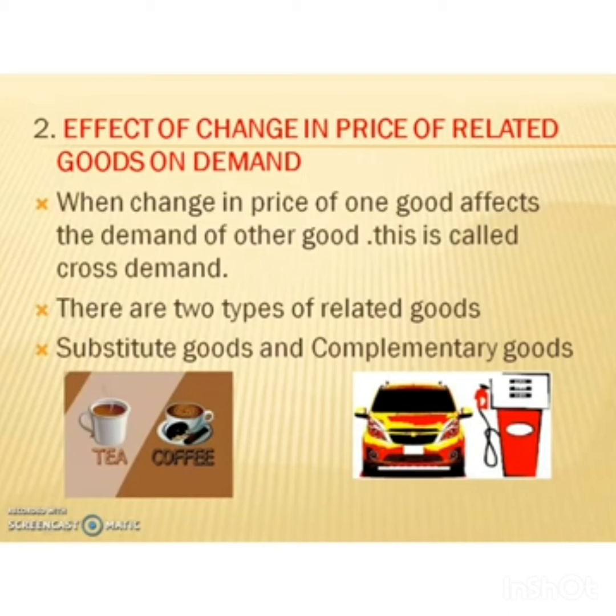So there are two types of related goods: substitute goods and complementary goods. Substitute goods are the goods which can be used in place of each other in consumption. For example, tea and coffee.